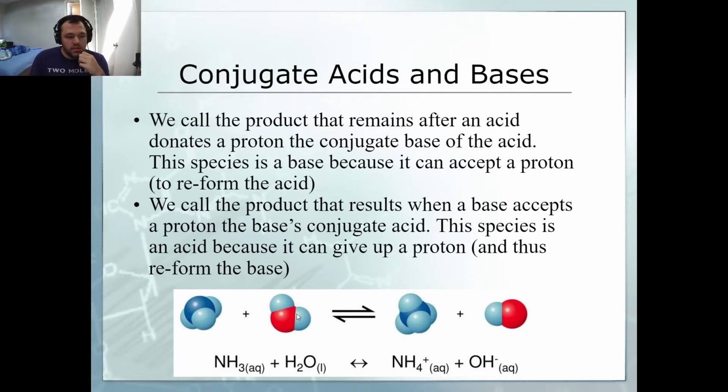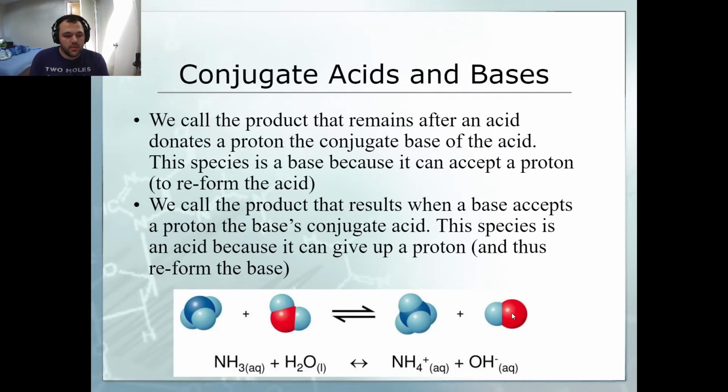Same thing if we look at the water. Right here it's H2O. It loses one of its hydrogens, so it's giving up that proton, which makes it the Bronsted-Lowry acid. It creates the OH minus, and if the OH minus were going back to being H2O, it would be getting that proton, taking it back to come back to being H2O.